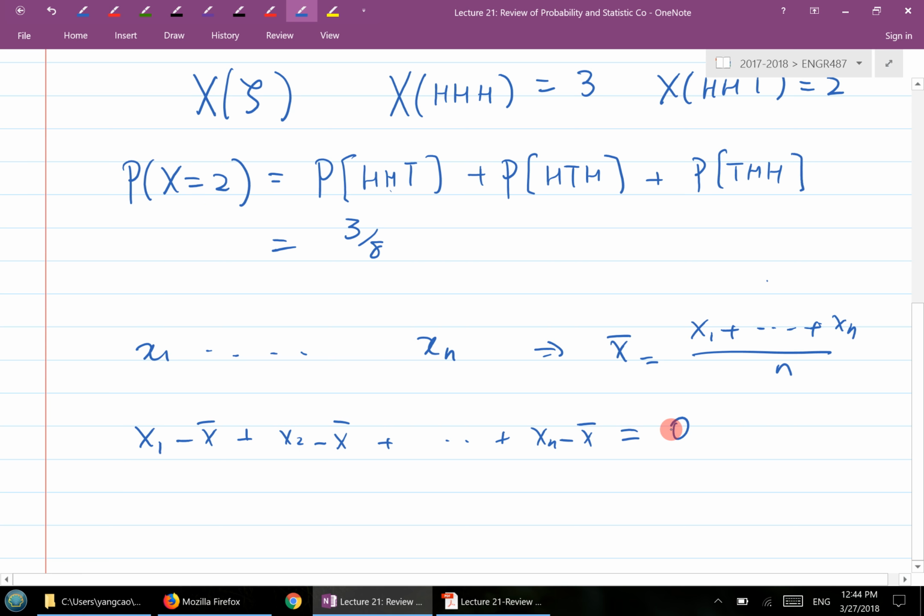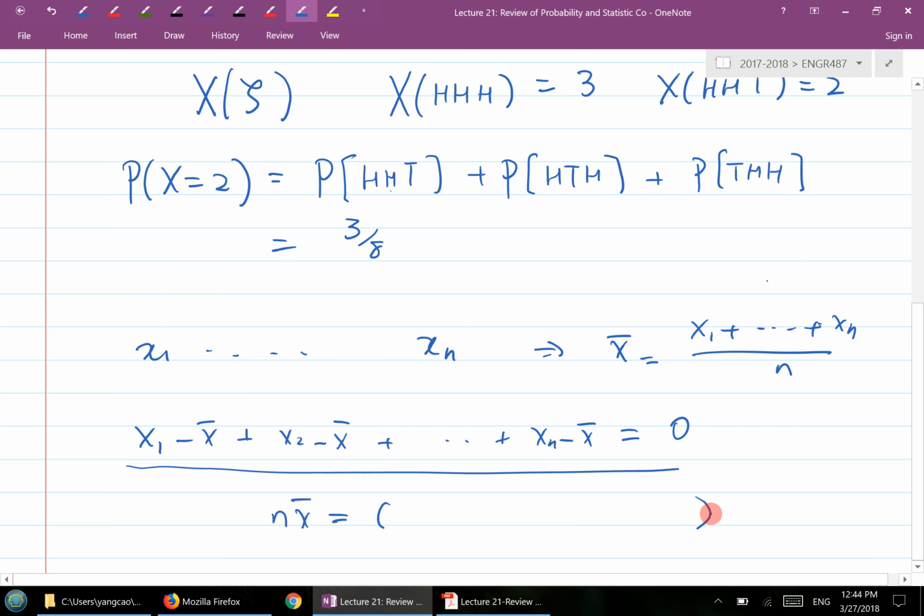So when you get this 0, you essentially get a relationship between xi and the rest of x1 to xn. If you think in terms of degrees of freedom, this is n degrees of freedom, but at the same time you have one equation here, so that eliminates 1 degree of freedom.